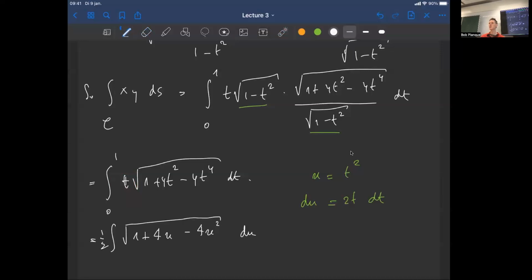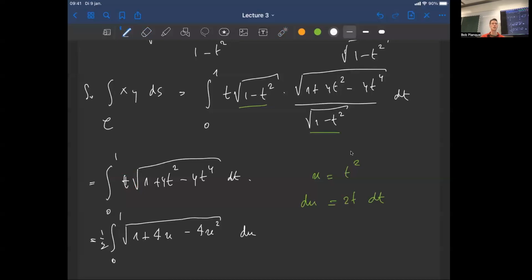And I have to worry where u goes from where to where. If t goes from 0 to 1, well, the square of 0 is 0, and the square of 1 is 1. And so this integral is still an integral from 0 to 1. All things you have to worry about.